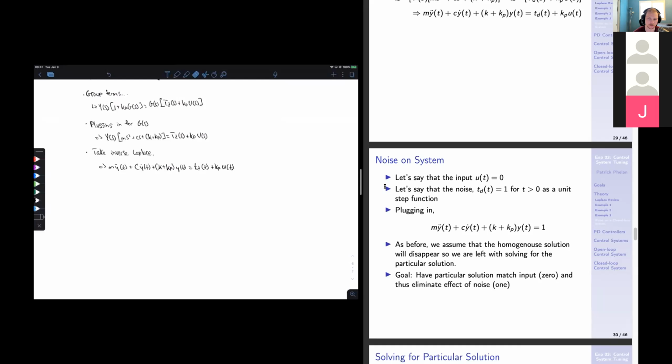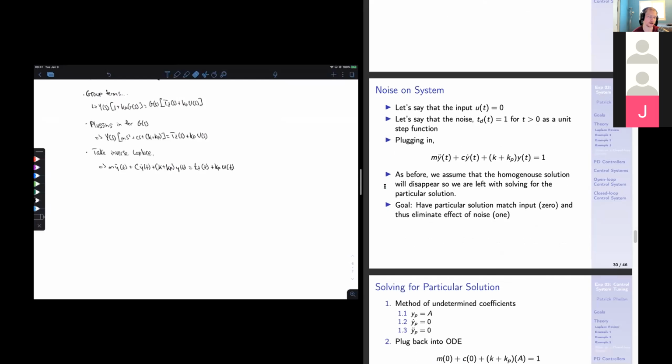Okay, so now we're going to further take a look at the effective noise on the system. So we're going to state some of our problem knowns here. So let's say that the input of the system, u sub t, is going to be equal to 0.